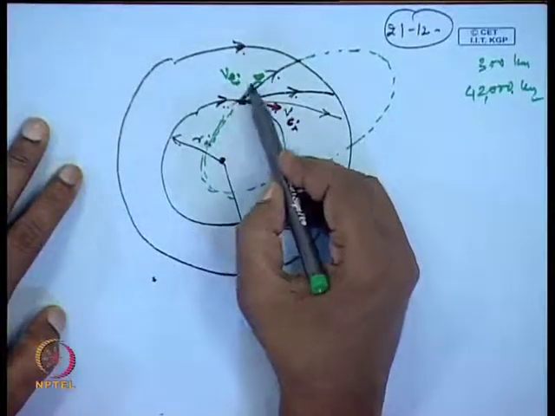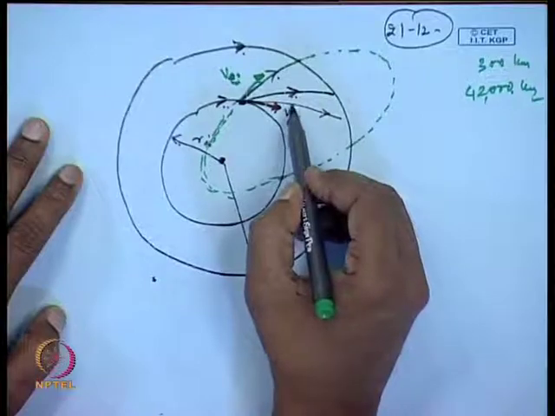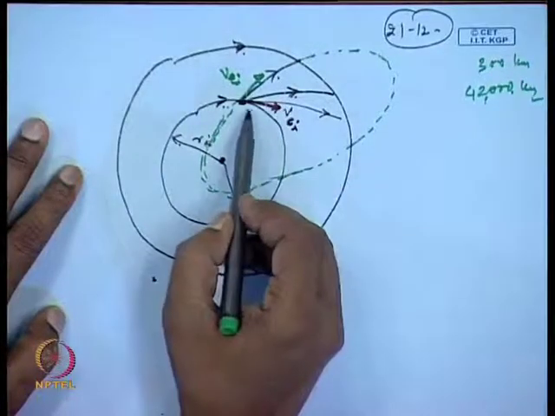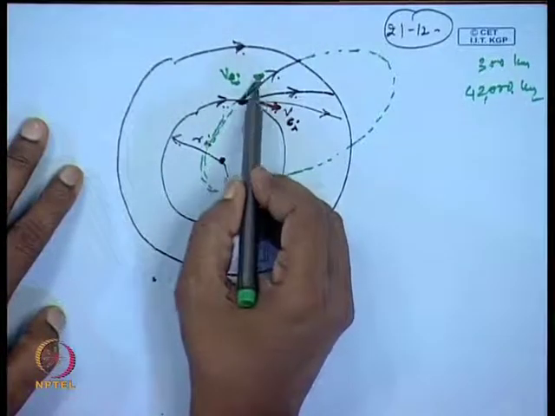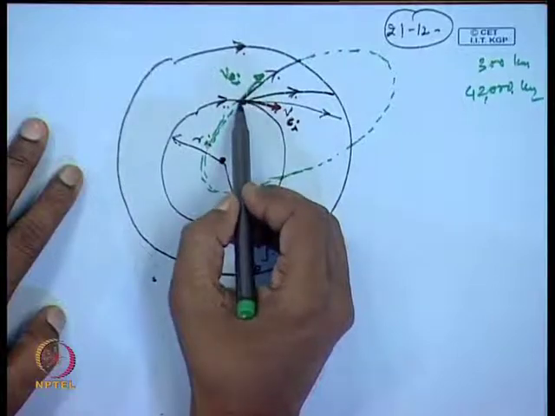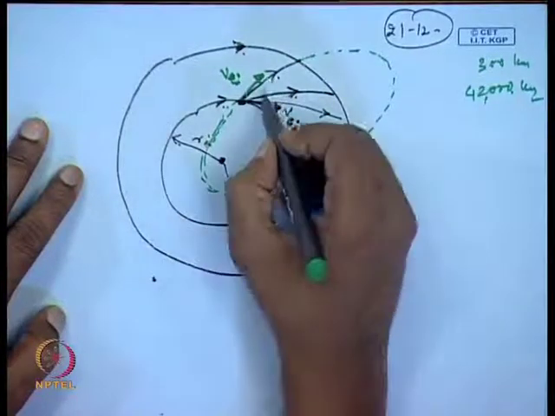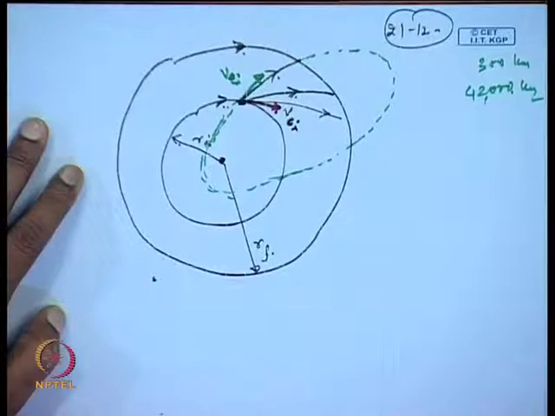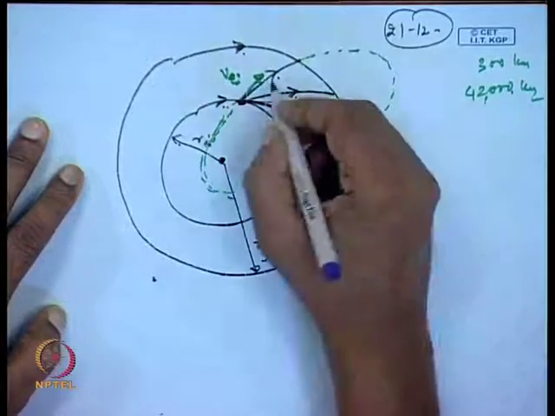Once you are giving the impulse here in this place, what is the change in the velocity required? This is the final velocity vector here at this point, and this is the initial velocity vector. So, the change will be along this line.